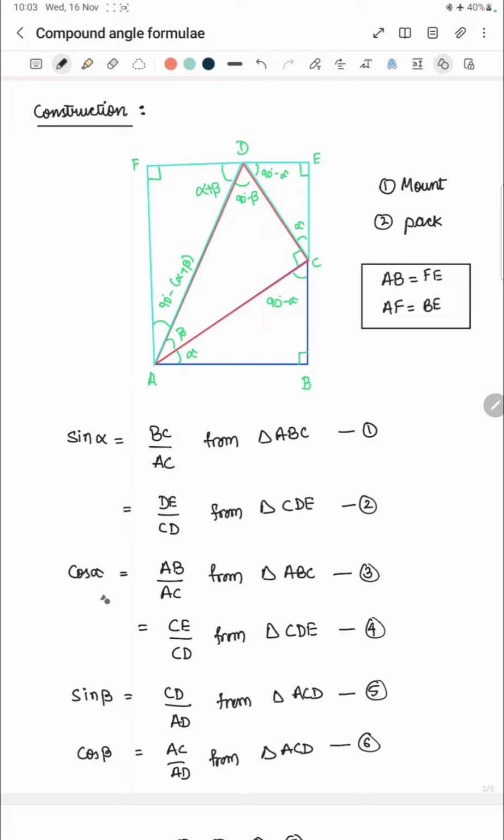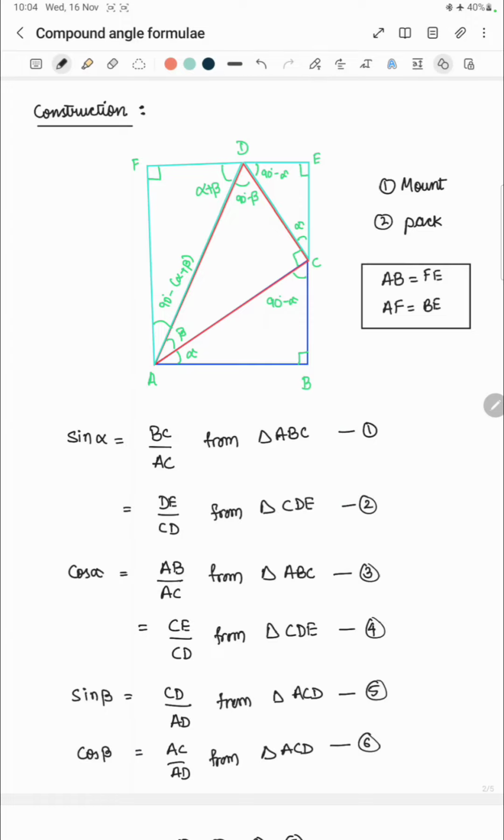Now cos of alpha, similarly from ABC we have AB, adjacent side, by hypotenuse AC, and similarly in CDE we have adjacent side CE by CD. From CDE we have cos of alpha is CE by CD.